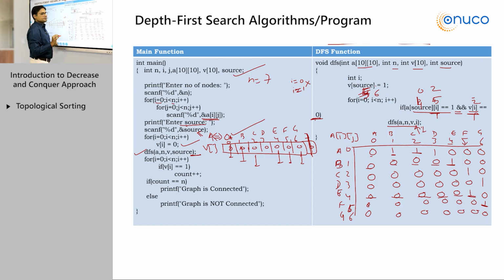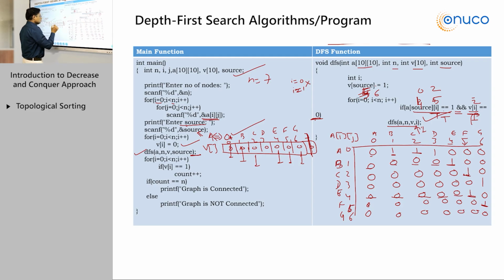Similarly, from C we are going to check. No, C to F is already there. Look, when you check C to F, it is 1, the condition is true. But on the right hand side, C to 5, visited of 5 is 0 or 1? It is already 1. So the right hand side is false, the left hand side is true, hence the condition is false. So we are not going to do that.